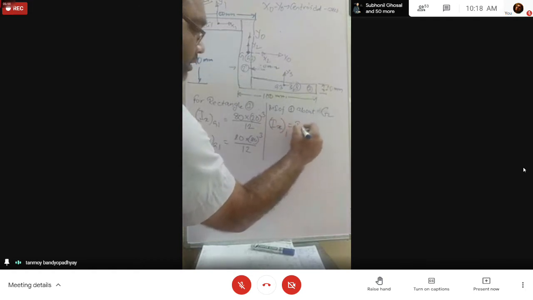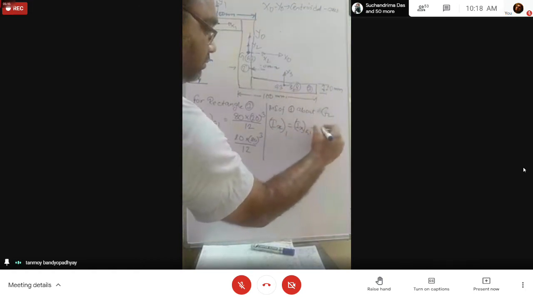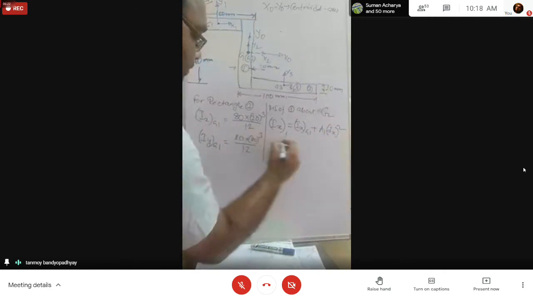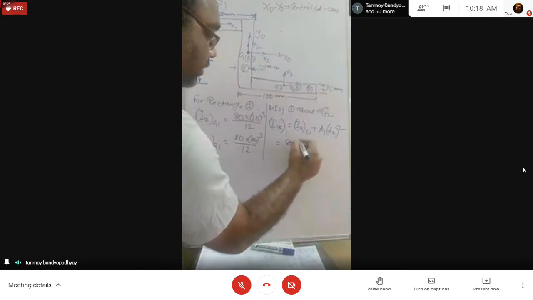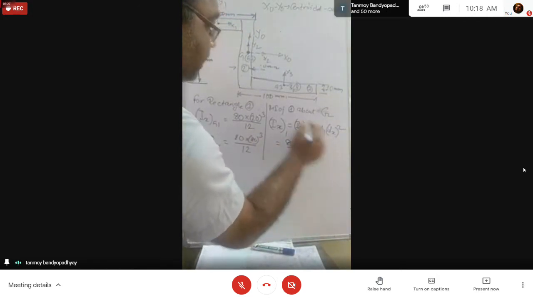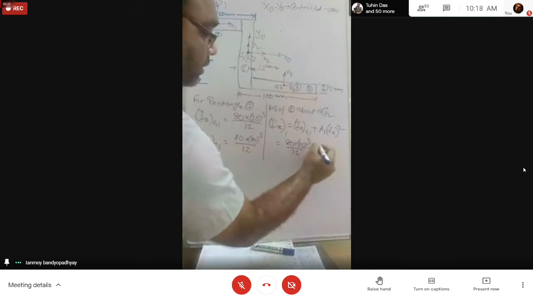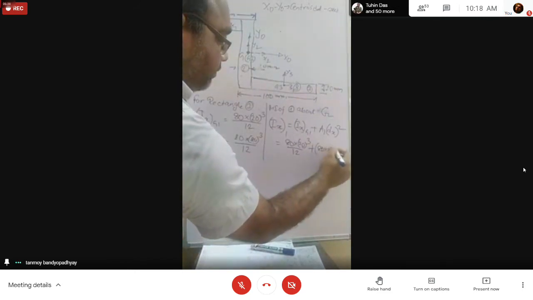So that should be equal to Ix G1 plus A1 into dx square. Ix G1 is 80 into 20 cube divided by 12, plus A1. A1 is 80 into 20, so 80 into 20 into dx square.